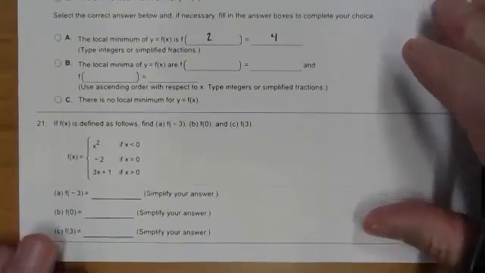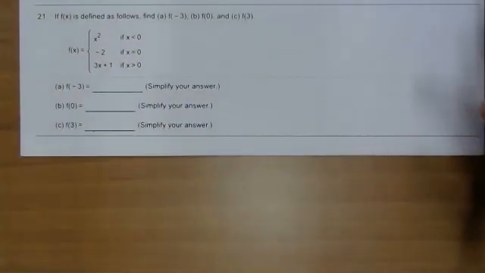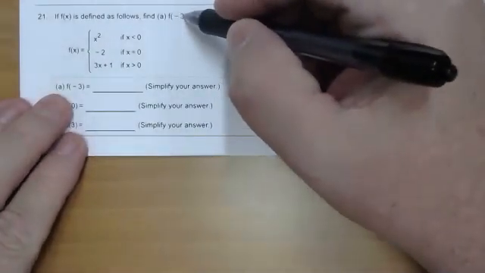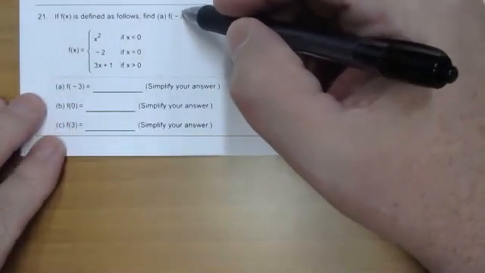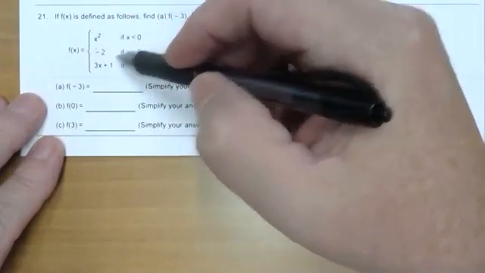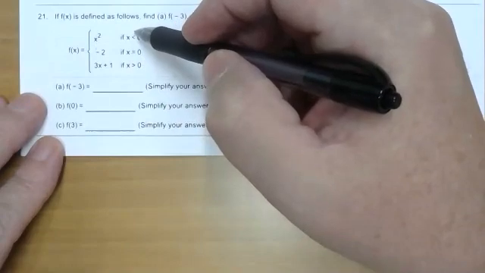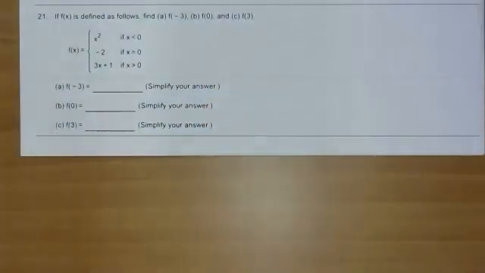All right, 21, piecewise function problem. Hopefully not too difficult. Piecewise function, f of -3. Since x is -3, you have 3 different functions here, and whichever function you use will be determined by the value of x.